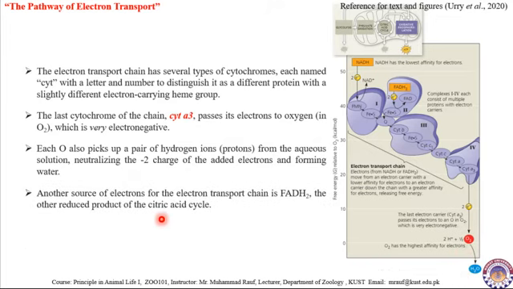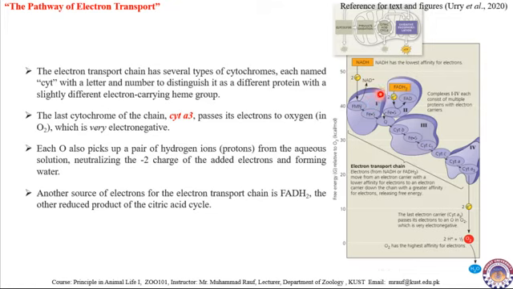Another source of electrons for the electron transport chain is FADH2. FADH2 is produced in Krebs cycle and it enters complex 2. Remember, not complex 1. So it has lesser ability to synthesize ATP as compared to NADH.